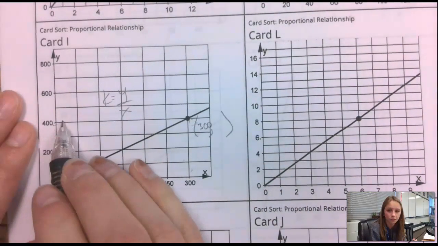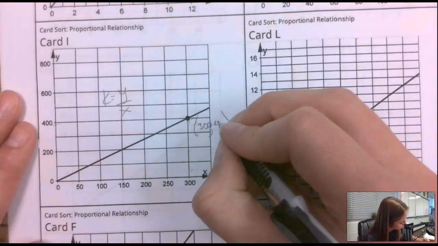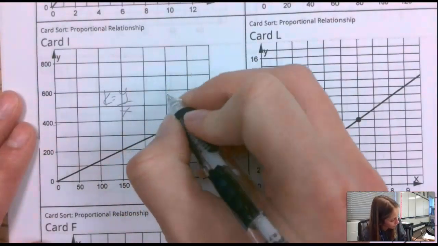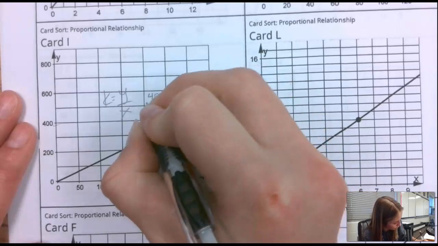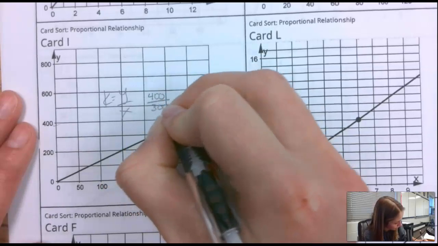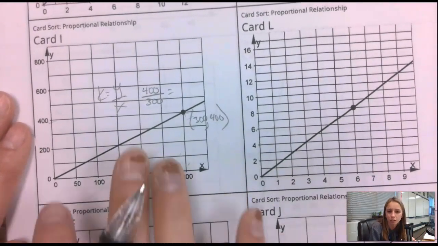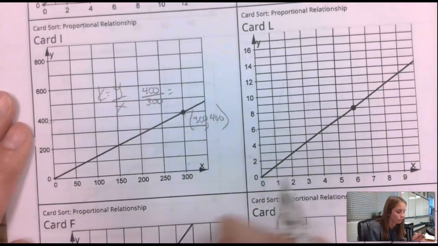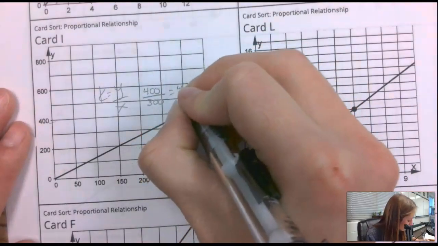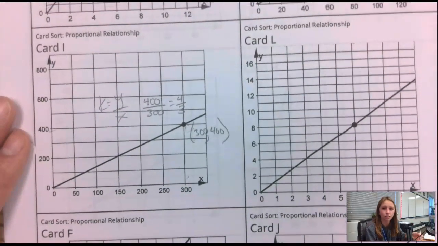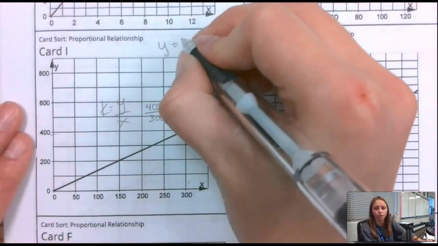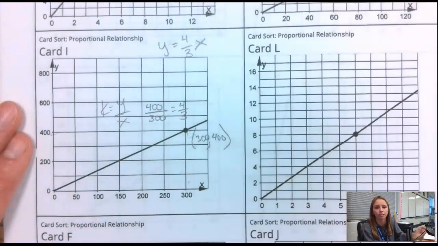My y value is 400. So I'm going to have 400 over 300. Well, it's big numbers, but that's not too hard to simplify, okay? So we can just divide both of them by 100, and we end up with 4 over 3. So we can just write y equals 4 over 3x.